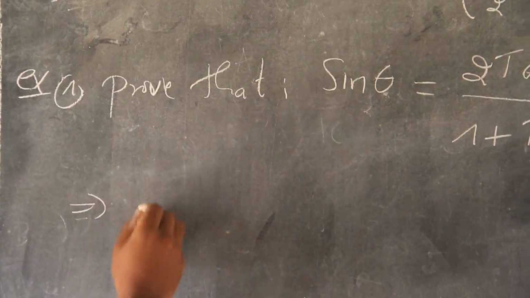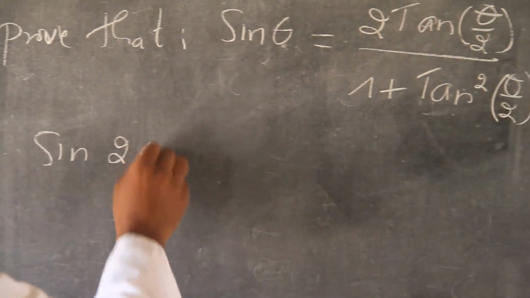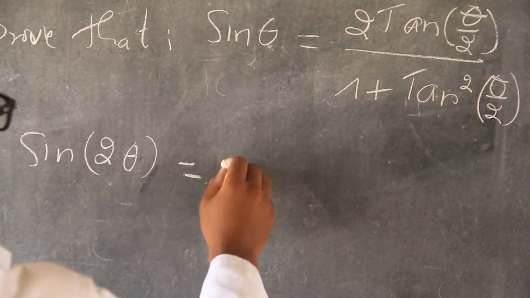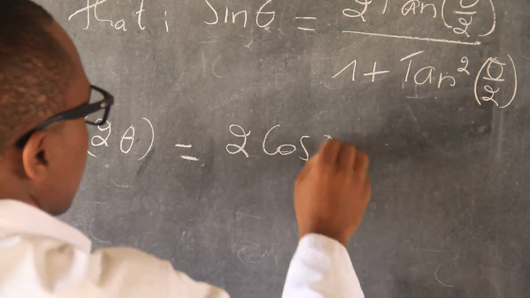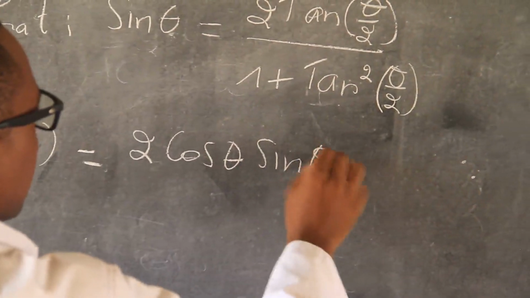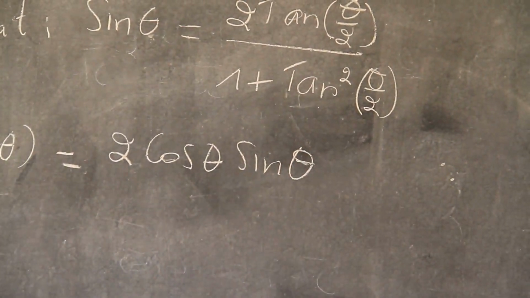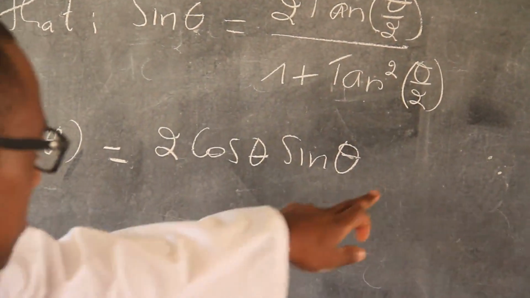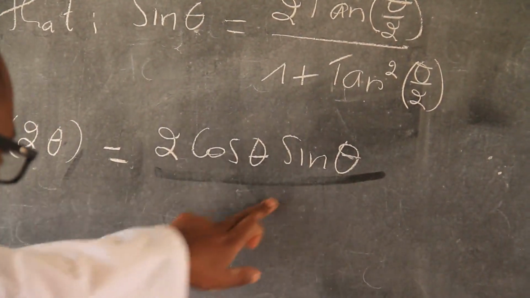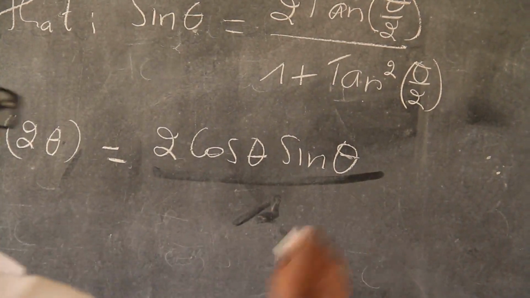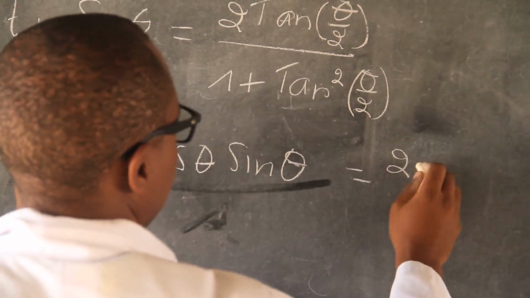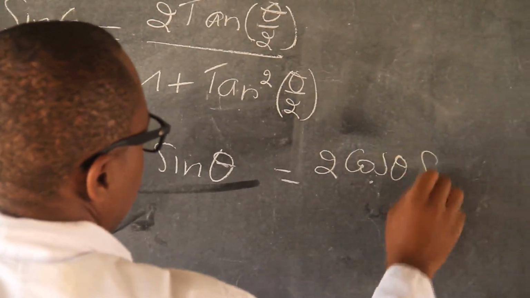We know that sine 2 angle is 2 cos angle sine angle, as we have said. So suppose I divide this by 1. What will happen? It is 2 cos sine.